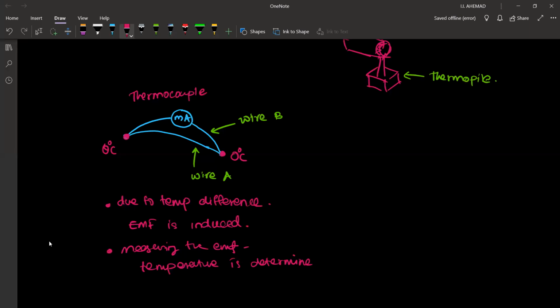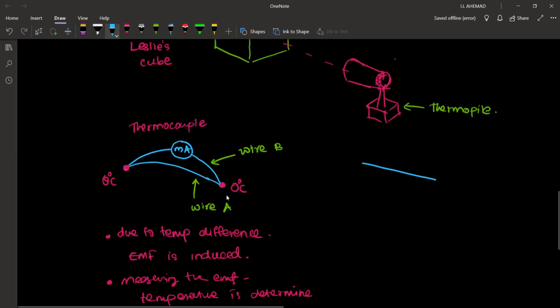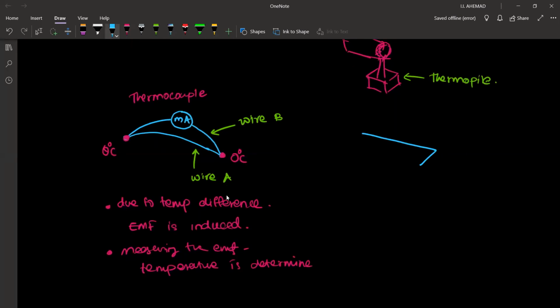Then what is a thermopile? A thermopile is a combination of thermocouples. This is the cone shape, which directs the radiation onto the thermopile. We can show the thermocouples connected end to end to construct a thermopile.